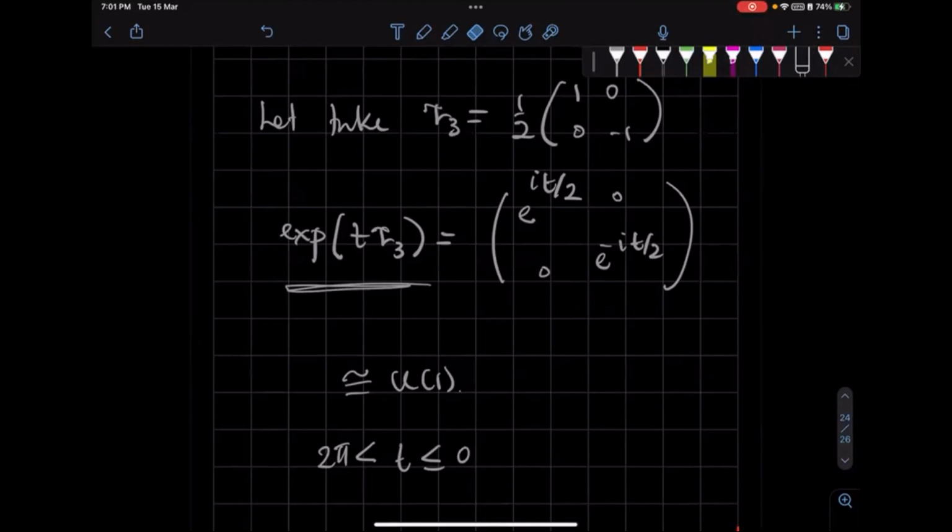SO3 is a representation of SU2, that's true. But SU2 can have an infinite number of representations, and we will talk about that. That will be one of the fundamental results of representation theory. And if you've done quantum mechanics, you've seen that before. When we derive the representation of the angular momentum algebra in quantum mechanics, that is identical to the representation theory of SU2.